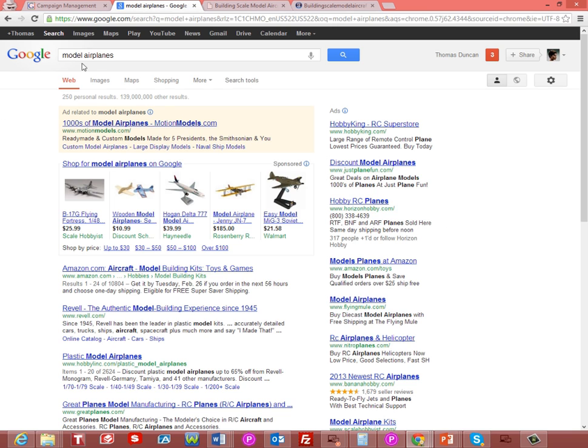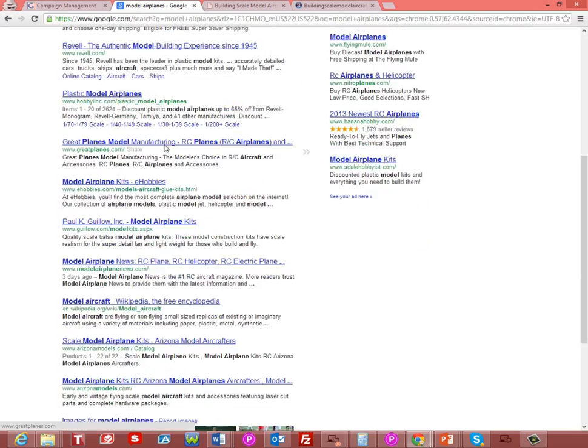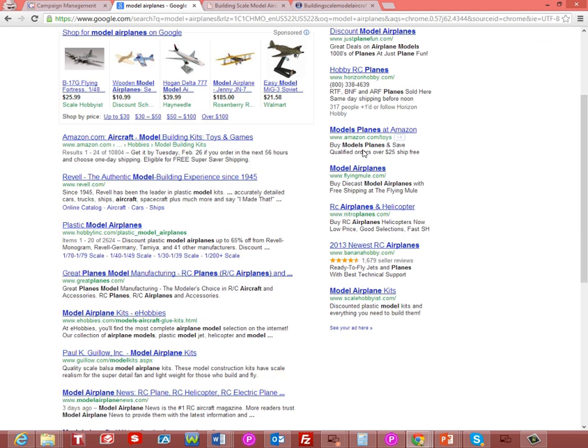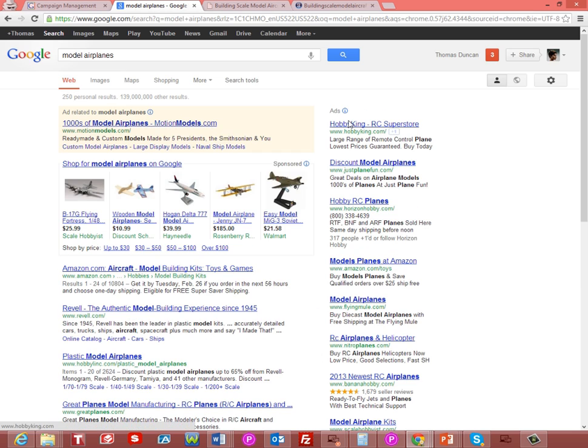Now, you'll notice that I went to Google and I typed in the search model airplanes. Obviously, people are going to be looking for the articles that are here. But you'll notice on the right-hand side are advertisements. And the people who are advertising here, I'm not going to click any of these because they would actually have to pay for the advertisement if I did.